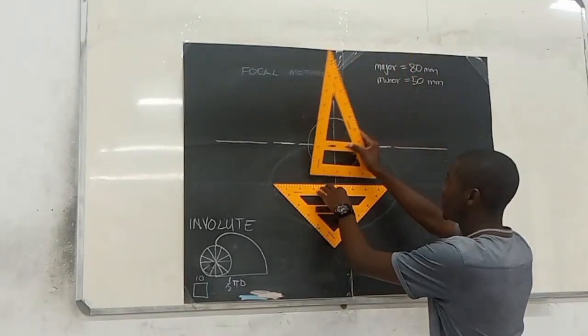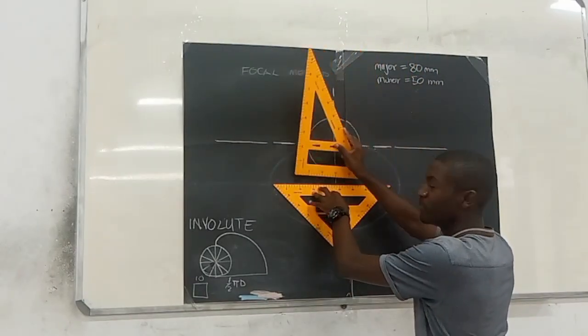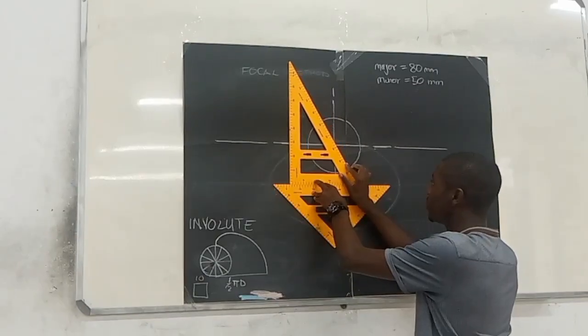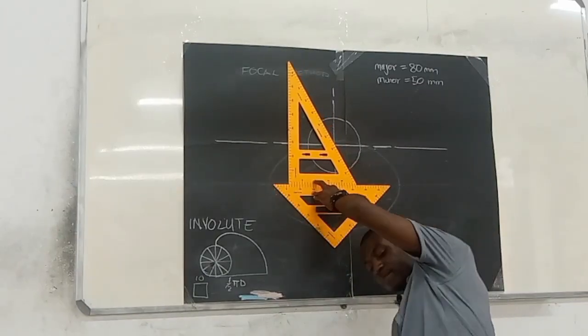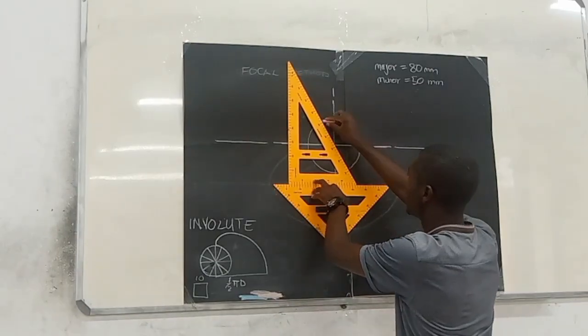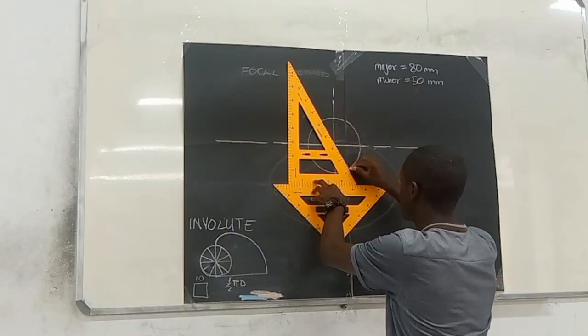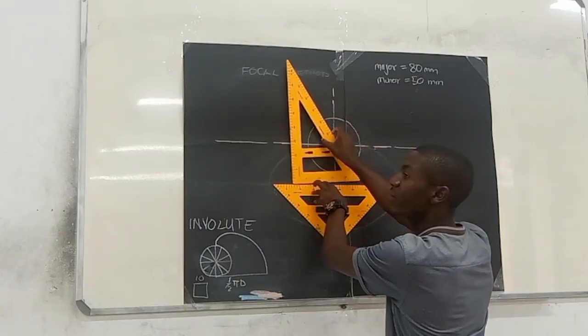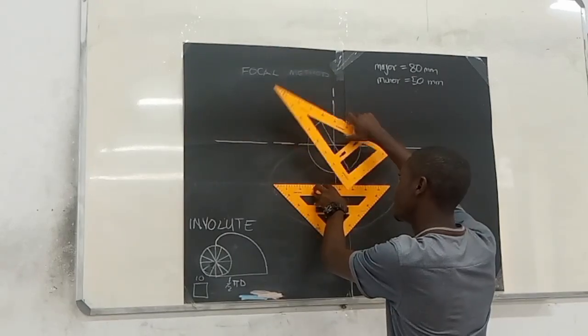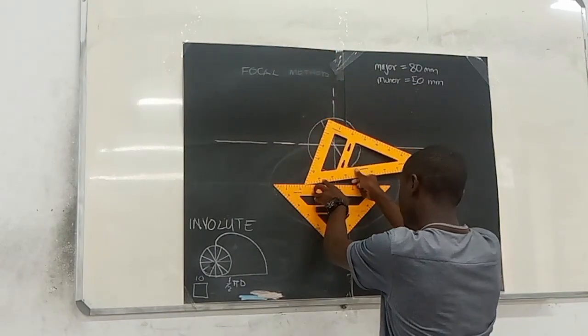Then you get your 30-60. We'll just be rotating it in. I'm starting with this position here. I draw a line through the circle, like that. Then I rotate it. You can even rotate it counterclockwise. Usually I advise you keep going clockwise.